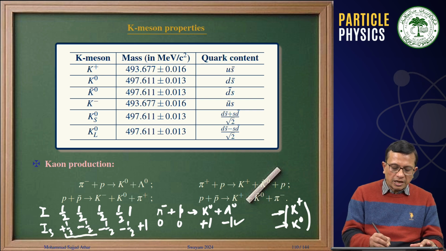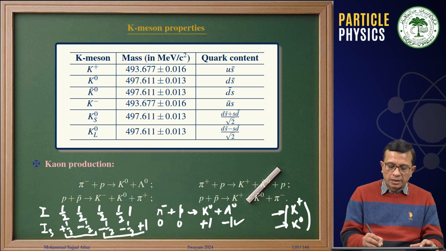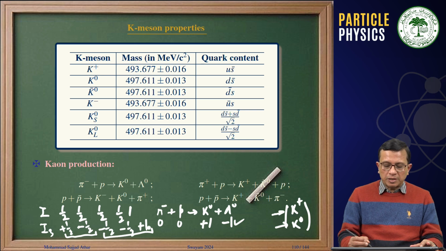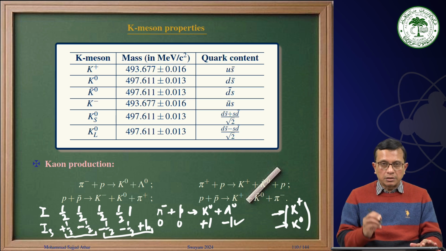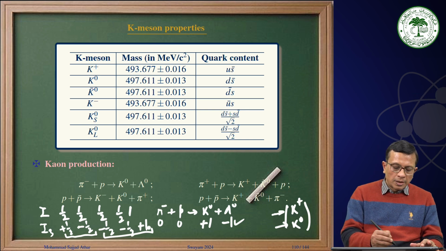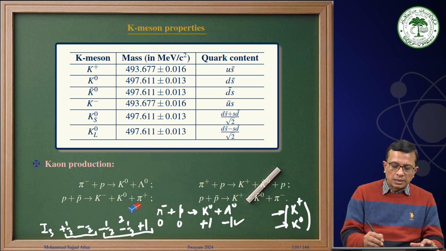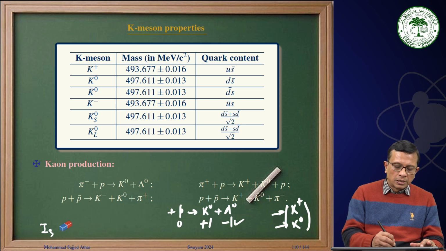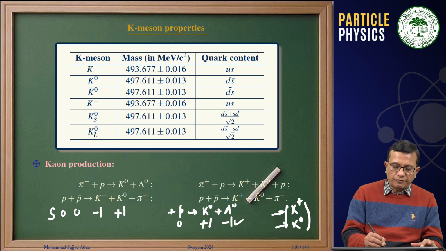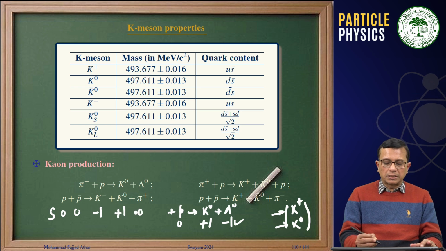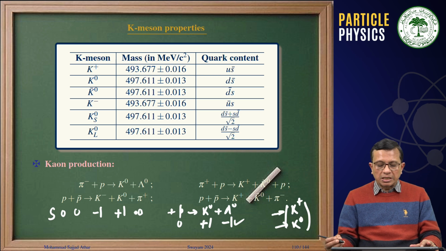Therefore, you can see that plus half and minus half will be 0, and here minus half plus 1, the algebraic sum, will be 0. Therefore, you are conserving I and I3. This is a strong interaction process. Besides that, if you look at strangeness, proton and antiproton are non-strange particles, so the strangeness quantum number will be 0 for proton, 0 for antiproton, minus 1 for K minus, plus 1 for K0, and 0 for pi plus. Therefore, you are conserving strangeness also.